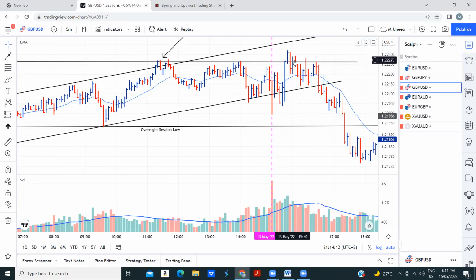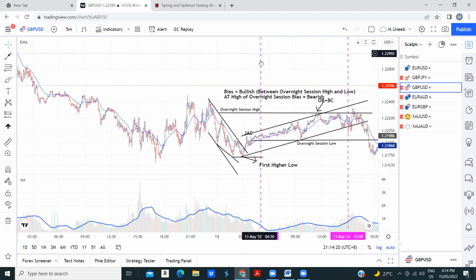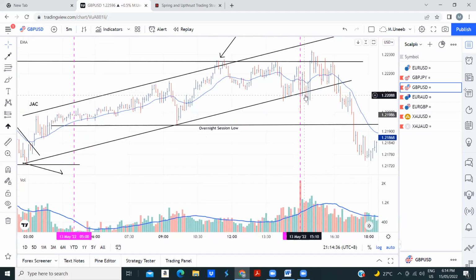The London Open was between overnight session high and low. So what bias will you take? Bullish or bearish? Between overnight session high and low, the bias was bullish. At high of overnight session at this point, because we observed OB and BC, the bias was bearish. So since we are in the middle, we will take bias as bullish. Make sense?